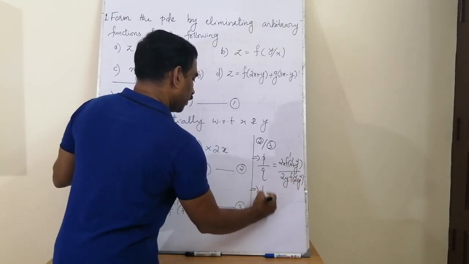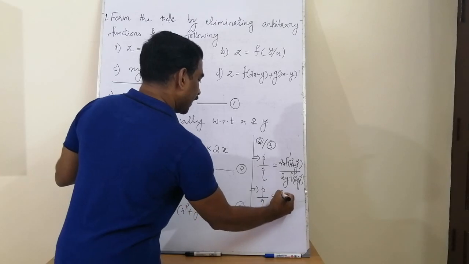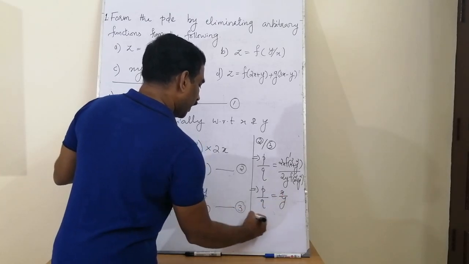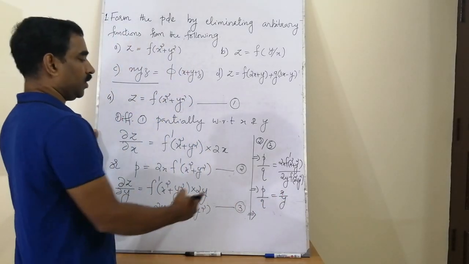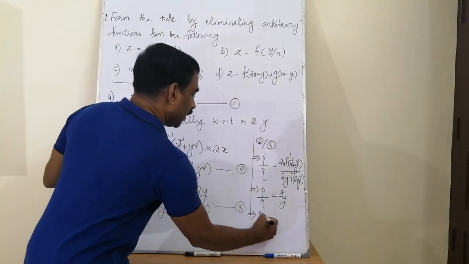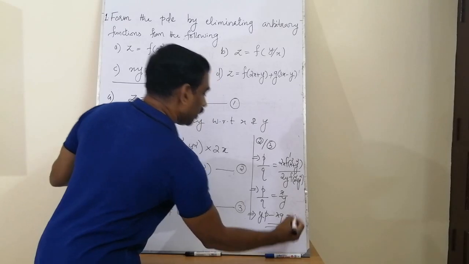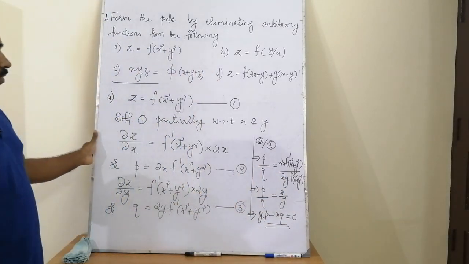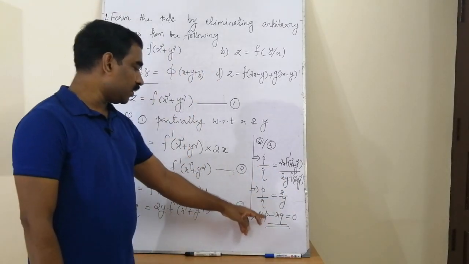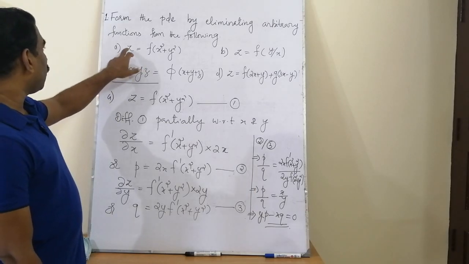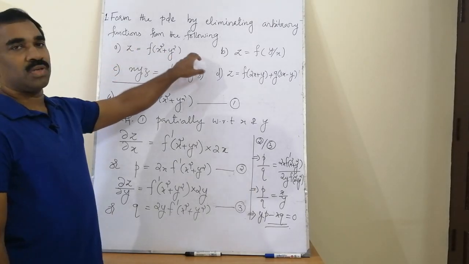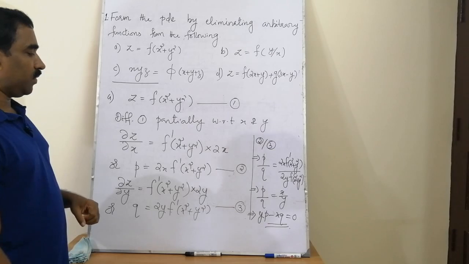That implies p/q = x/y. On cross multiplication and arranging this equation, we get yp − xq = 0. So this is the required eliminant PDE, or this is the partial differential equation for the general surface z = f(x² + y²), where f is an arbitrary function.